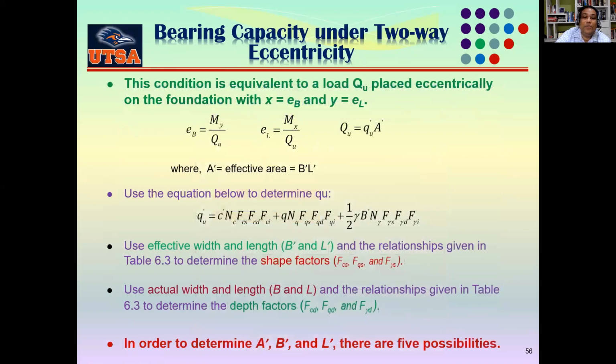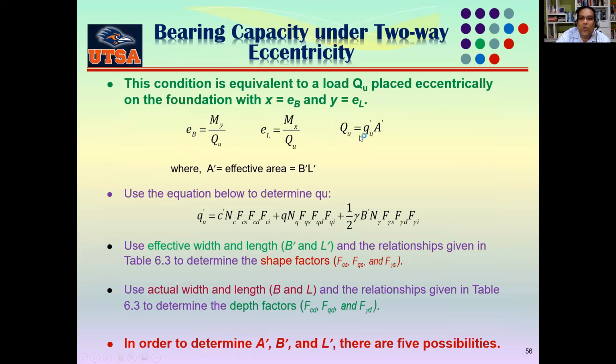So let's see how we can solve this type of problems, okay? So here you can see your EB is your moment divided by your Q. Sometimes this one will be given, sometimes your moment and Q will be given. You have to find out your EB. Similarly, your EL means the eccentricity in the L direction, and EB is the eccentricity in the B direction here.